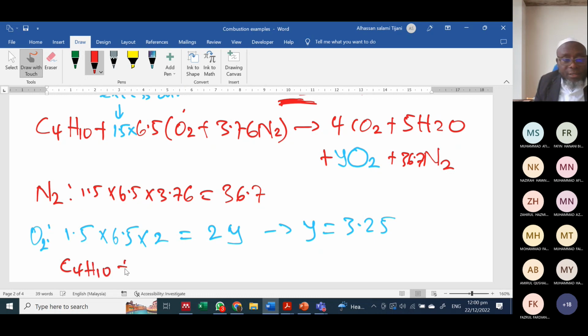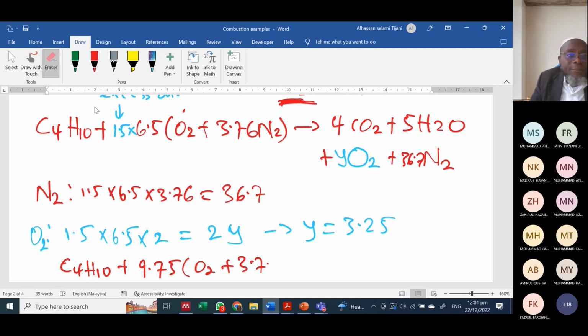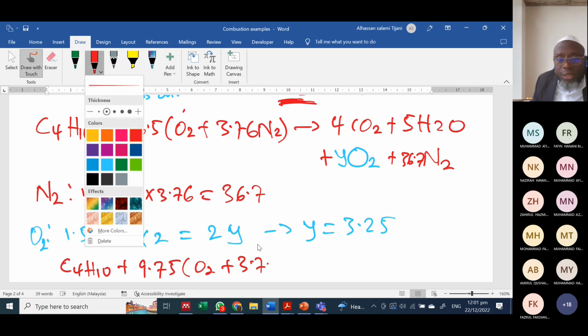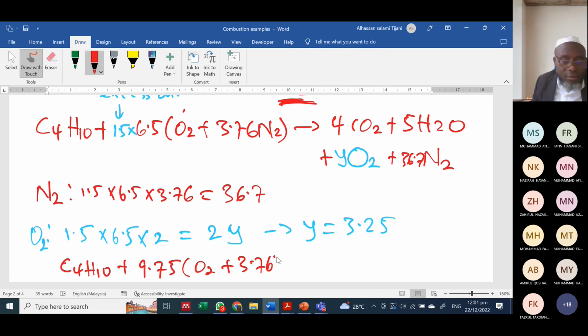This gives us C4H10 plus, if you multiply 1.5 times 6.5, that gives us 9.75 of oxygen from the excess air, plus 3.76 nitrogen.